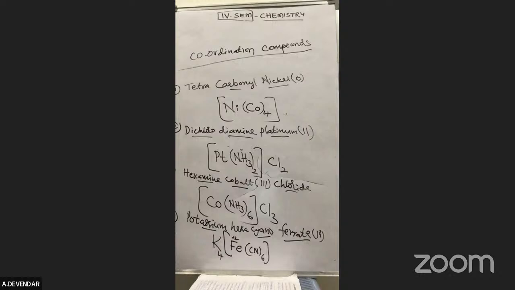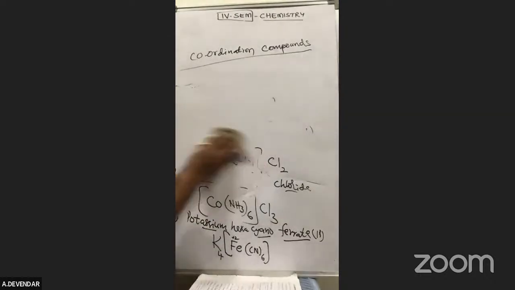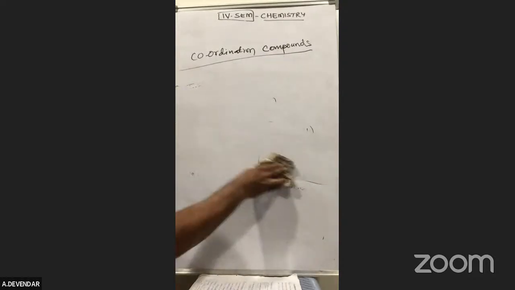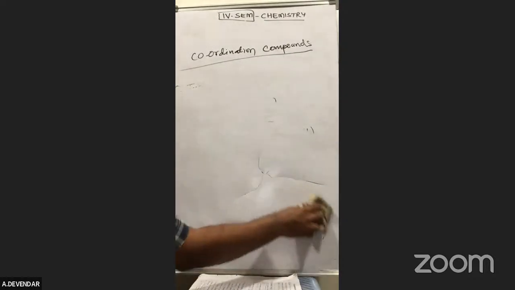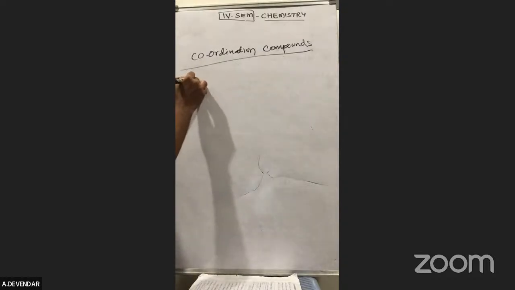How their arrangement takes place, we show in Werner's theory. This is a 10 marks question: Werner's theory, crystal field theory, and also valence bond theory. The three theories are there in your textbook, pages 30 and 31. Okay.